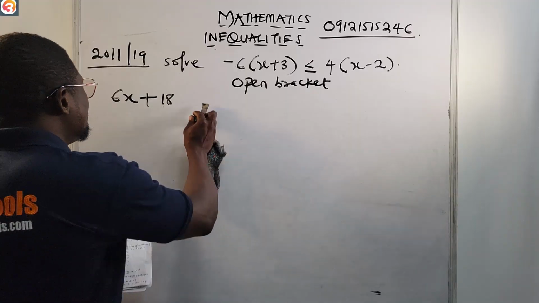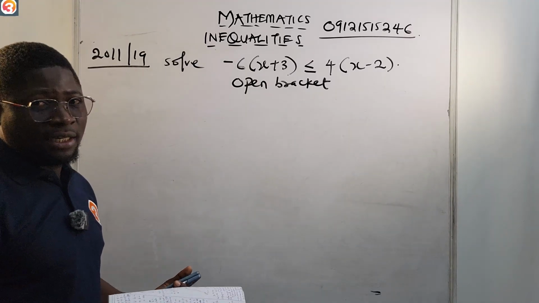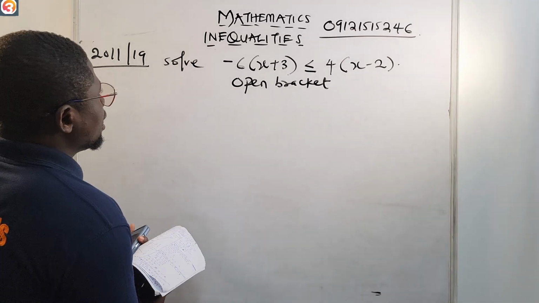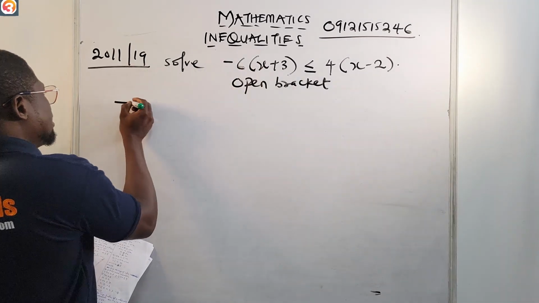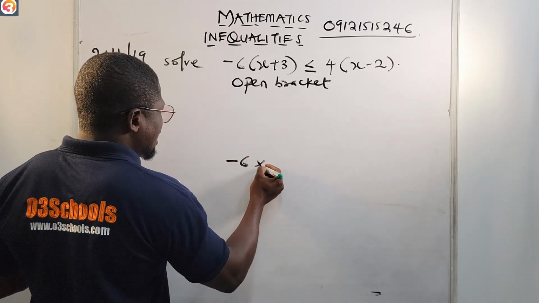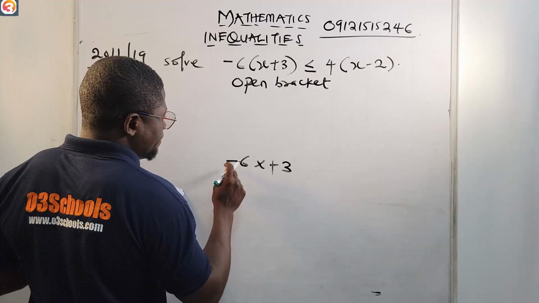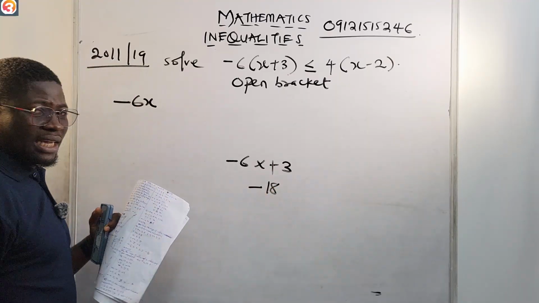So you open the bracket with the term that is outside, not only 6, but minus 6. So now I open the bracket. Minus 6 times x is minus 6x. Minus 6 times plus 3: minus times plus is minus, and 6 times 3 is 18.